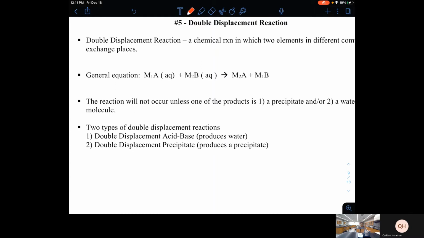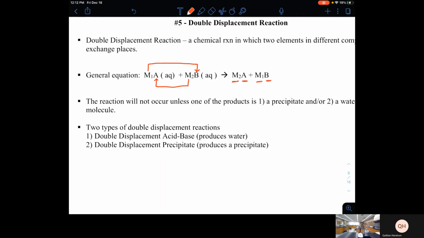And basically what's going to happen is this metal is going to switch partners and go off with the non-metal, and this metal too is going to switch partners and go off with this non-metal right here. And if you look at it, you can now see over here, I've got metal 2 now being associated with A, and metal 1 is now associated with that non-metal B. So they switch partners and we produced a new compound. So nothing more than a do-si-do.